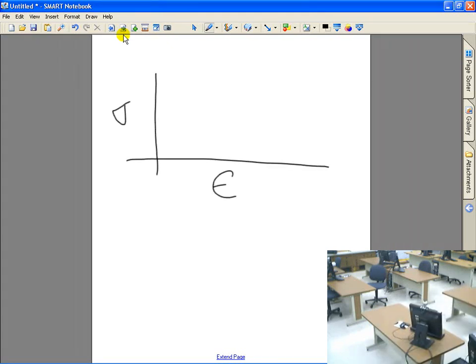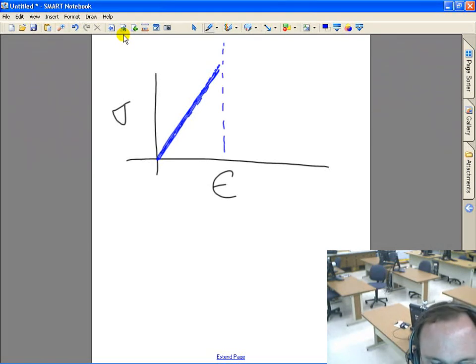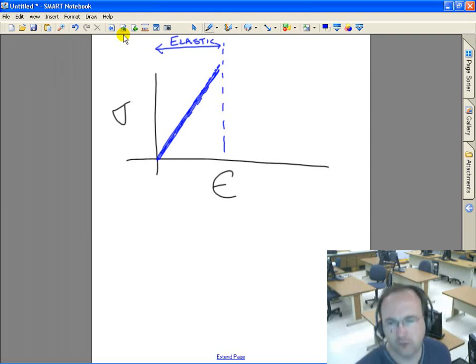Stress versus strain. Load versus deflection. We can put any load we want on it. And as long as we're inside the elastic limit, this is my elastic range, then we have a slope.